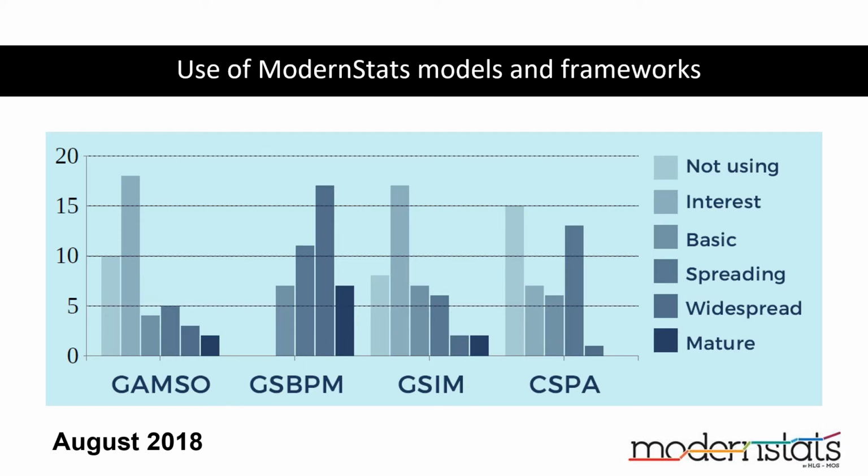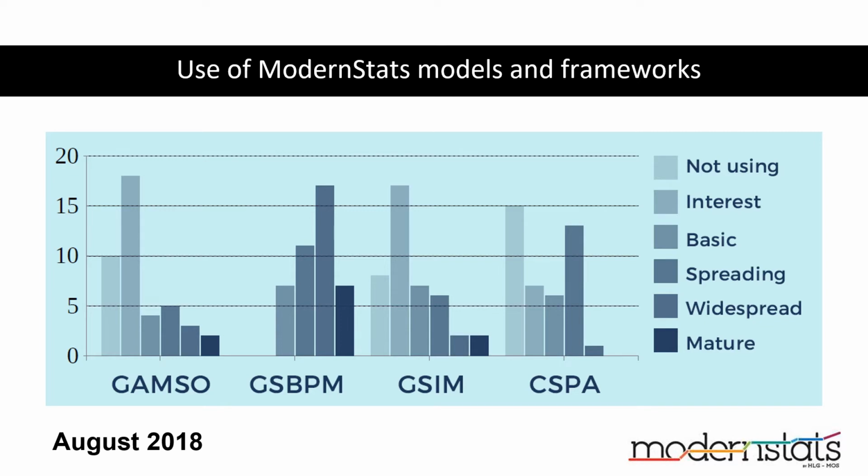Here we, in August 2018, showed how different people are using the models, how far they're getting on the scale from not using, they're interested in using, they have a basic use, it's spreading in their organization, there's a widespread use in their organization, and they're mature. They're exploiting all the positive features of it.